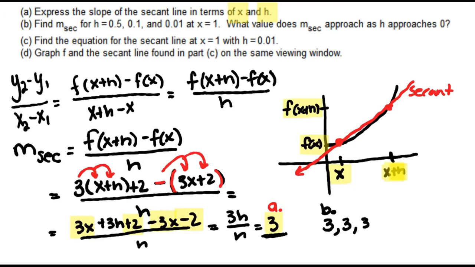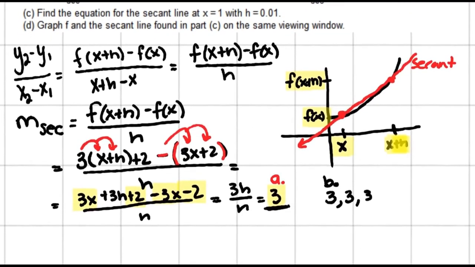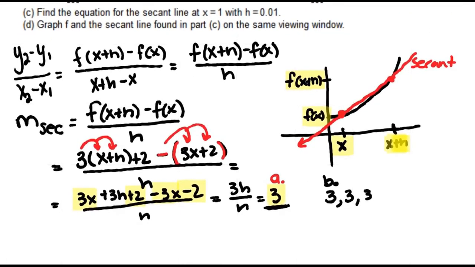In part C, we want to find the equation of the secant line. And to find the equation of the secant line, you need the slope and a point on the line. Now we've already found the slope. That slope is 3. This is the slope of the secant line. And we have x equals 1.